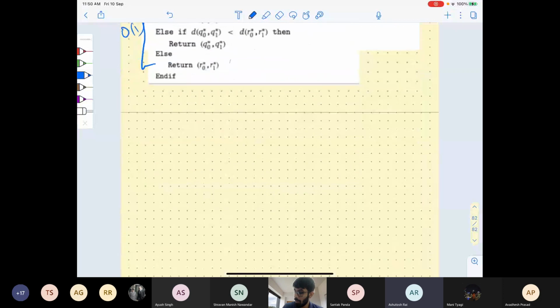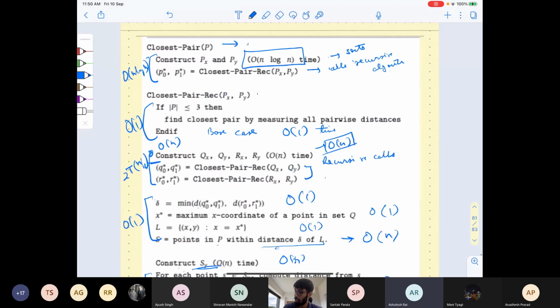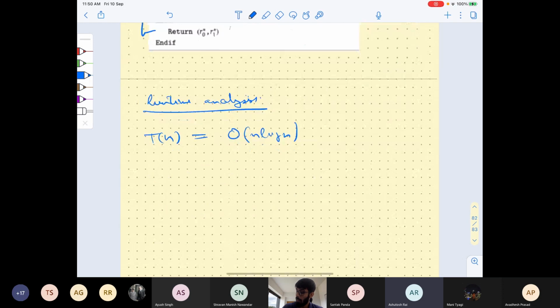So let's do the runtime analysis. T of n is order n log n, which is the setting up time, plus the time of this procedure. Let's say that is T prime of n for the recursive part.